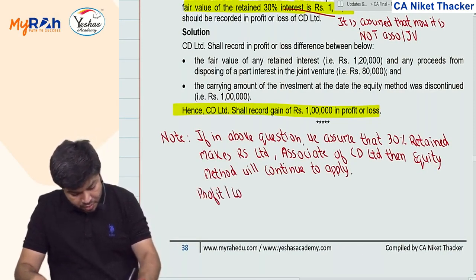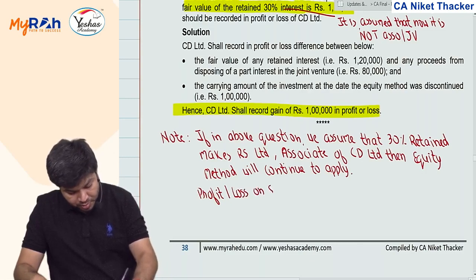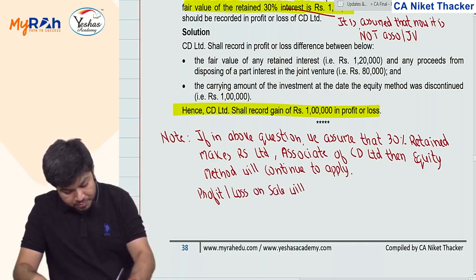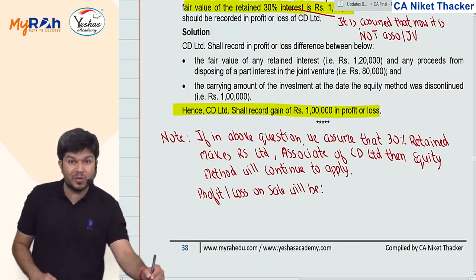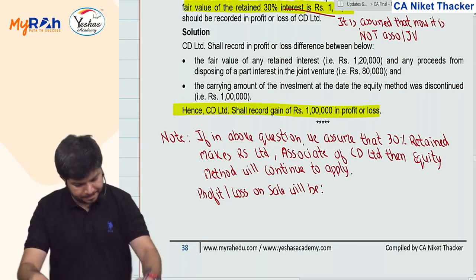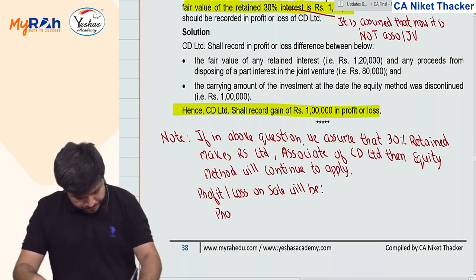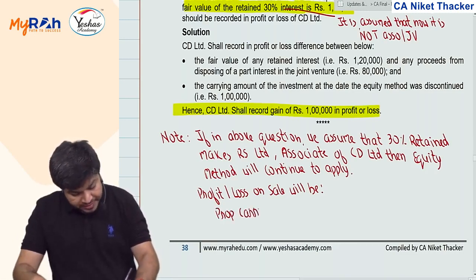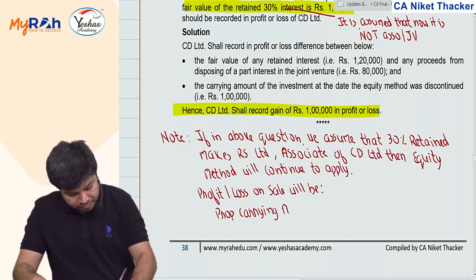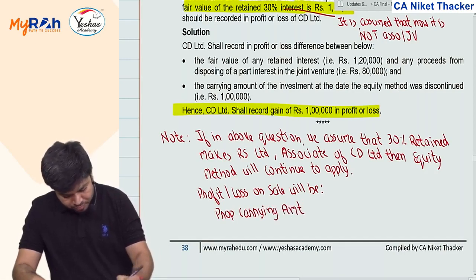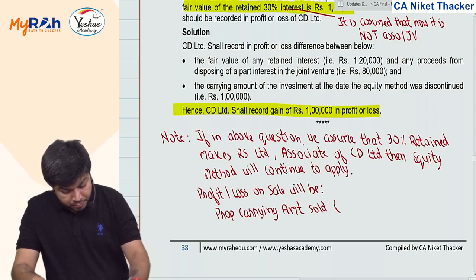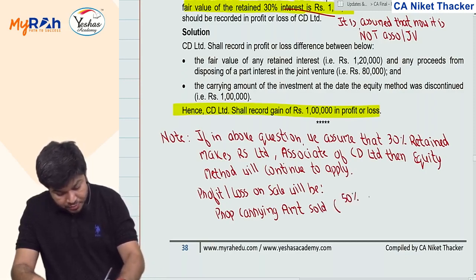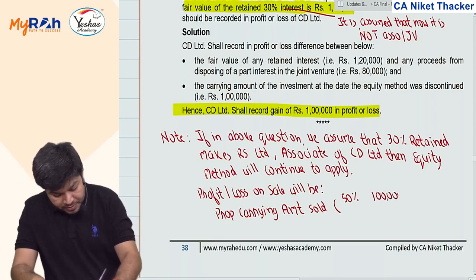Profit or loss on sale will be: how do I find profit or loss on sale? Proportionate carrying amount sold. 50% is 1 lakh.